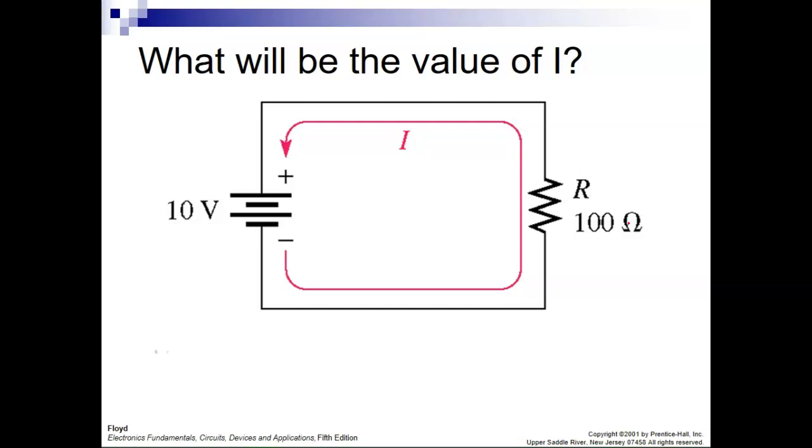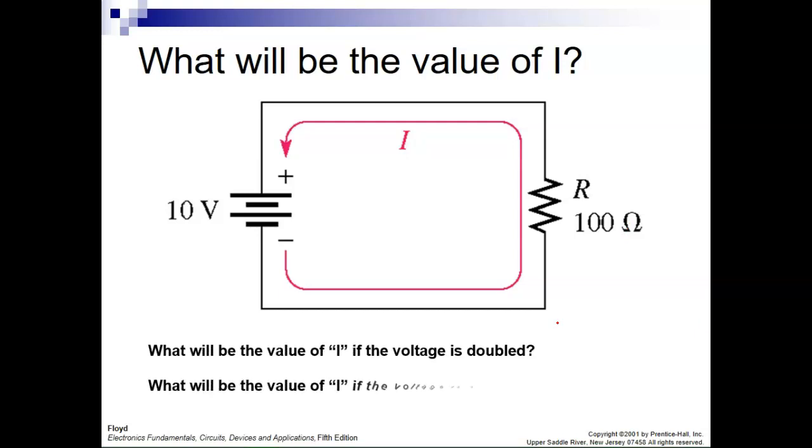So we have 10 volts divided by 100 ohms. It should give you 10 milliamps, I believe you said.